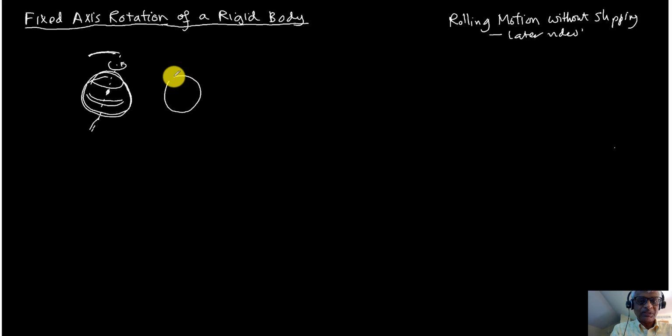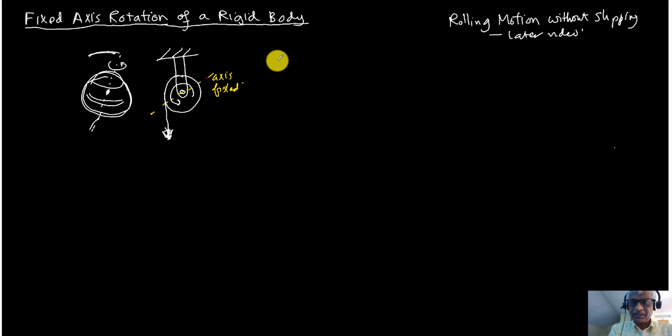A wheel which is suspended as a pulley, for instance, and maybe you attach a mass, you apply a force like this, and this pulley is rotating about the axis going through the center. So this axis is fixed. These are the kind of problems you have probably seen quite a bit.